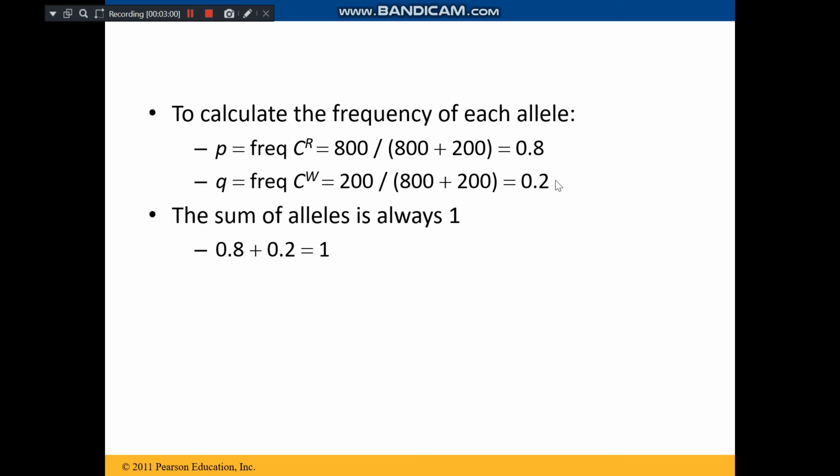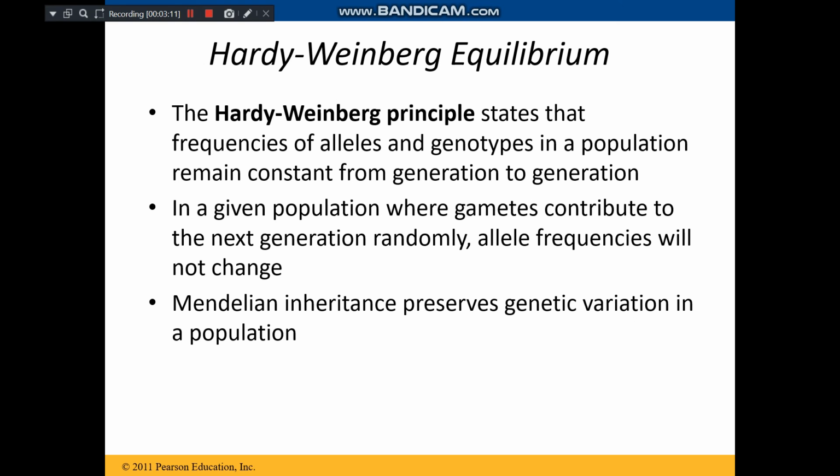As a result, in the nth generation everything may be CR and the CW will vanish. But that's not happening because the Hardy-Weinberg principle states that the frequency of alleles and genotypes in a population remains constant from generation to generation unless they are affected by some external pressure.